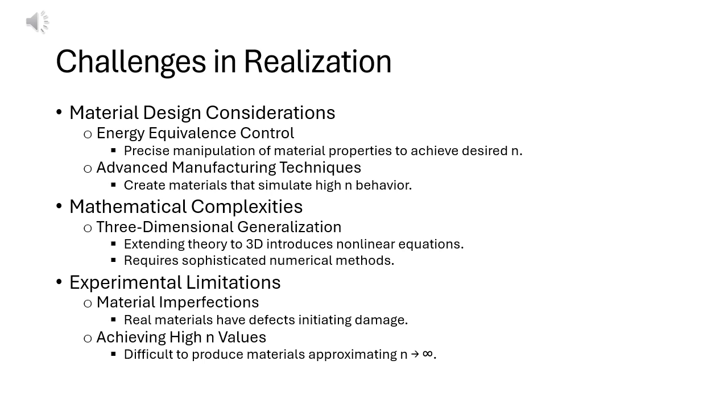There are also the mathematical complexities of extending theory to 3D, which introduces nonlinear equations, which means that we also can't manipulate them as well. It also requires very complex numerical methods, which are computationally expensive. And there are the limitations of material imperfections. As you make a material, you're going to inherently introduce imperfections, and these will limit your ability to not accumulate stress in a material with strain.